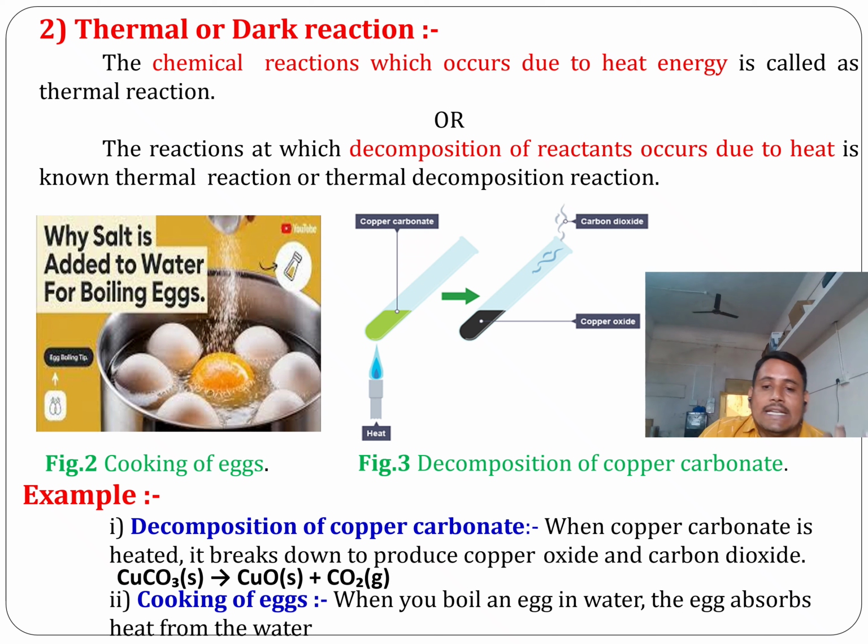Without heat, there is no decomposition of copper carbonate to copper oxide and CO2. But in the presence of heat, the carbonate decomposes to copper oxide and CO2. It happens only in the presence of heat energy.